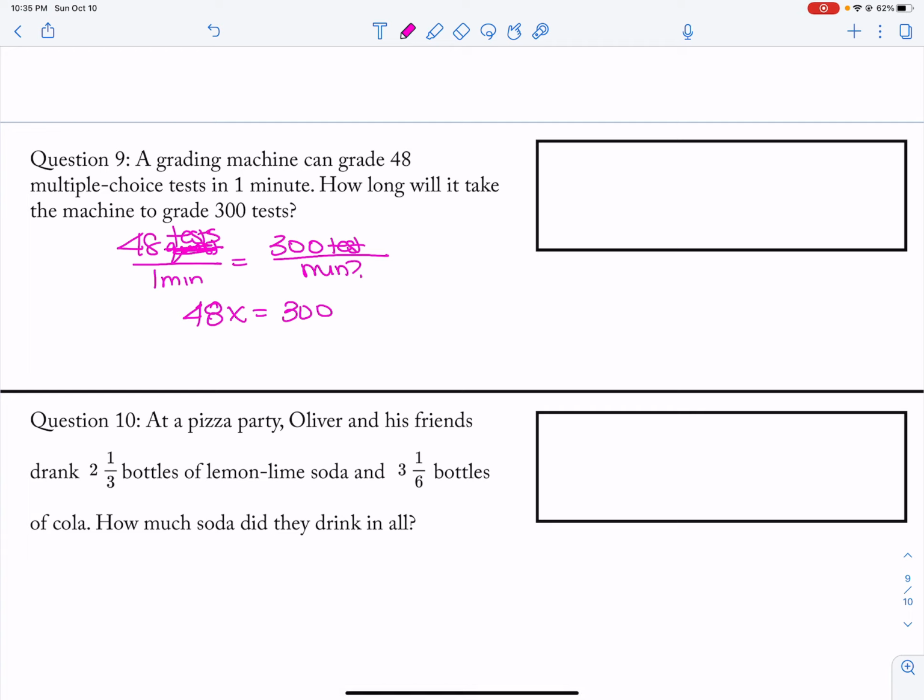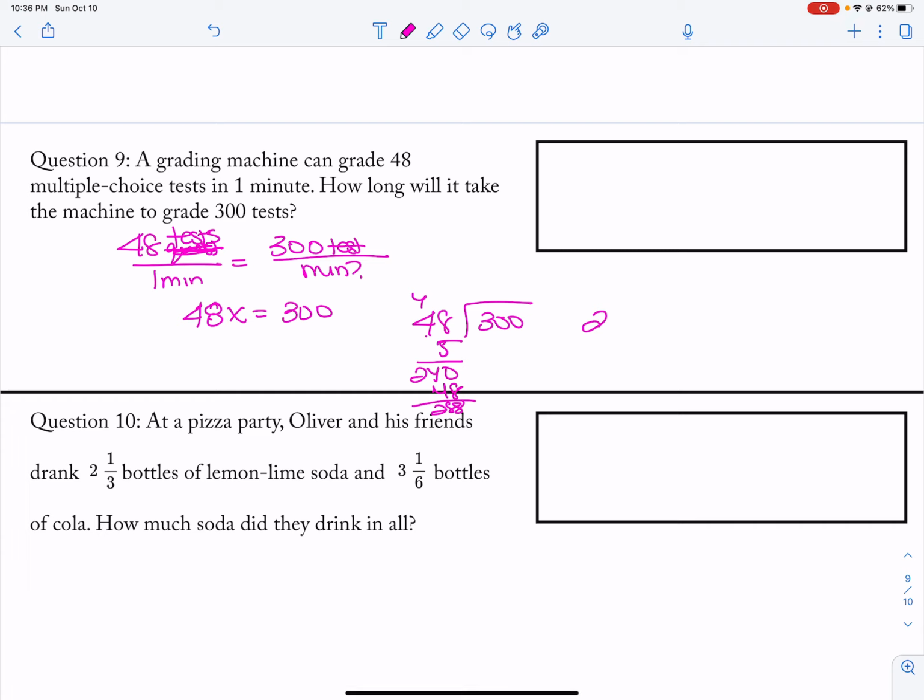So then 48 divided into 300 does not go in evenly. Maybe 5. Let's see, 240 plus another 48 gives me 288. So we're not going to get anything out of this other than maybe reducing.